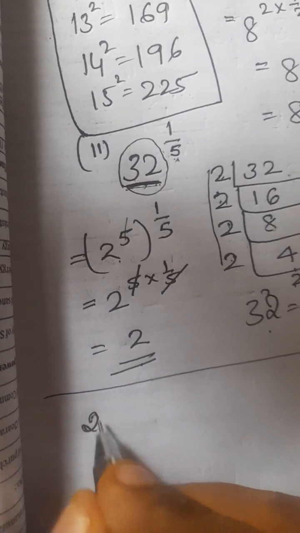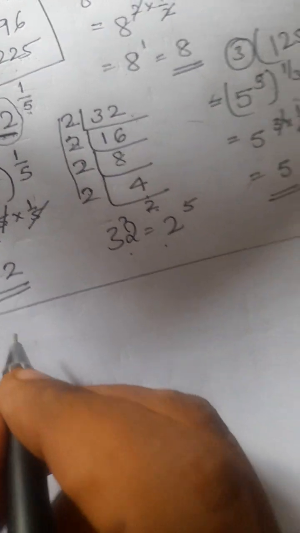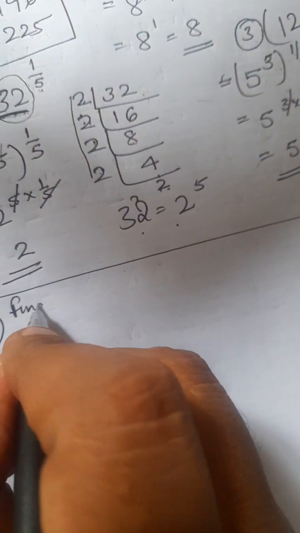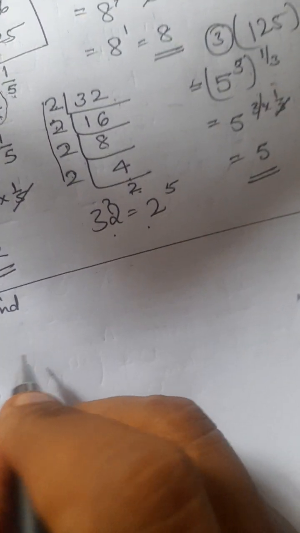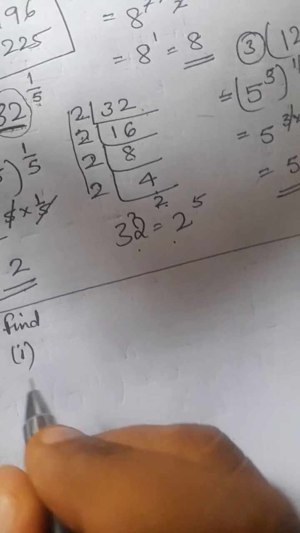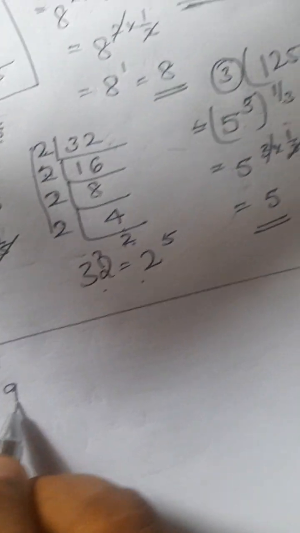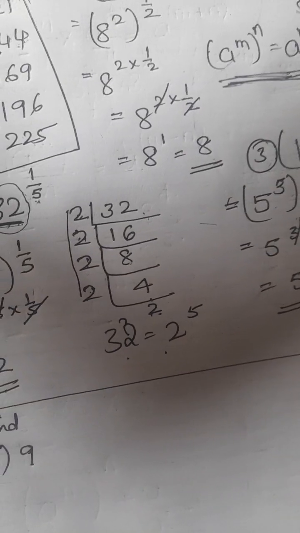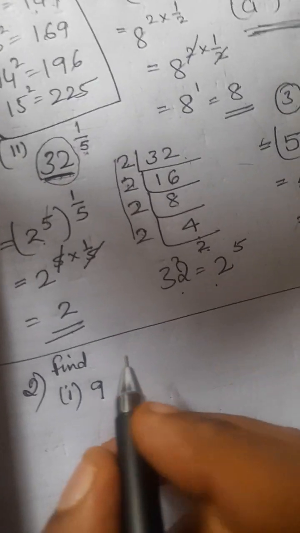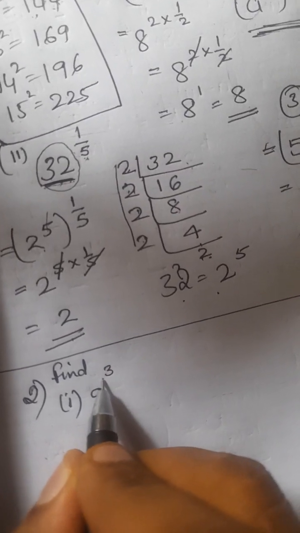This second main: find the first question, 9 to the power 3 by 2.